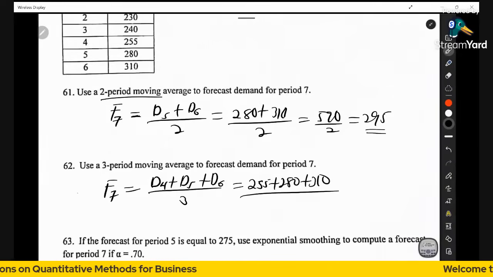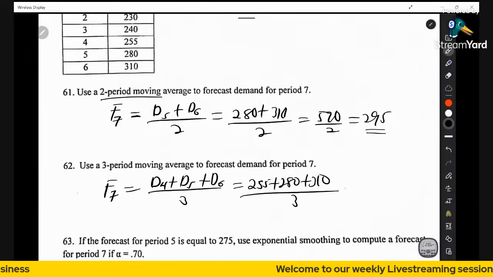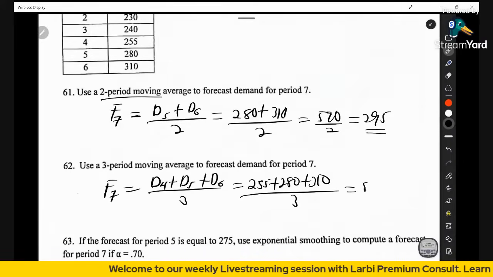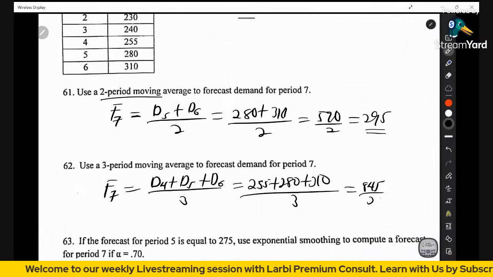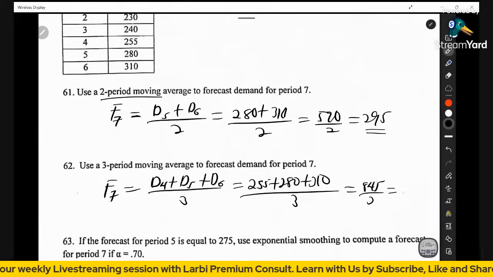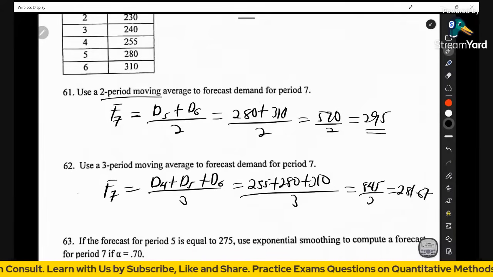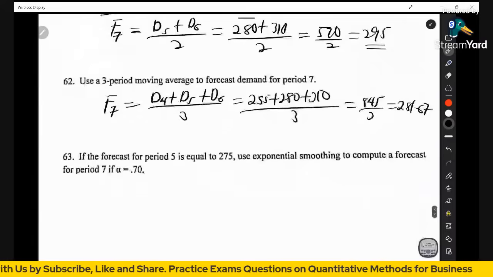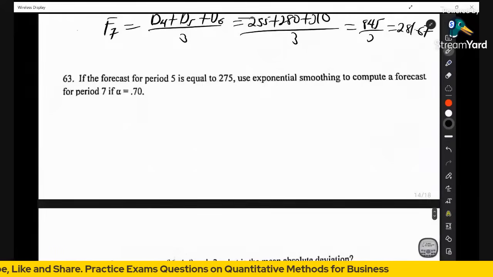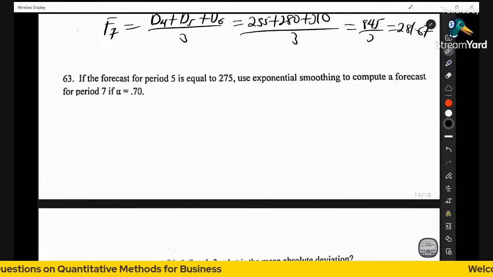Once you get the concept, we can move very fast, right? Divided by 3. Okay, so what are we getting? When you add all, you should be able to get 845 divided by 3, and we are getting, in my case, to 2 decimal places, 281.67 actually.